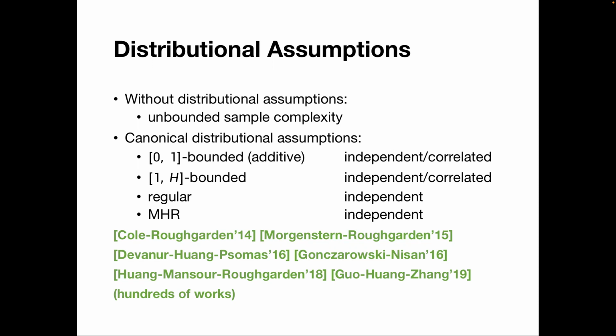Because regular and MHR are restricted to independent single-dimensional distributions, in these two settings we implicitly assume that the value distributions are independent. There are hundreds of works on the sample complexity and other aspects of revenue maximization in this topic.